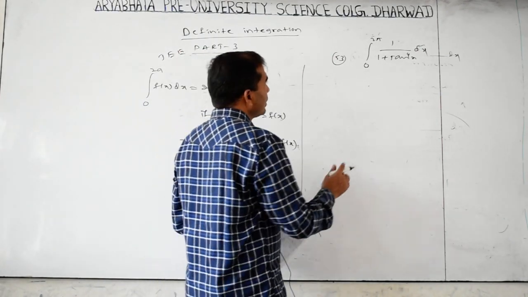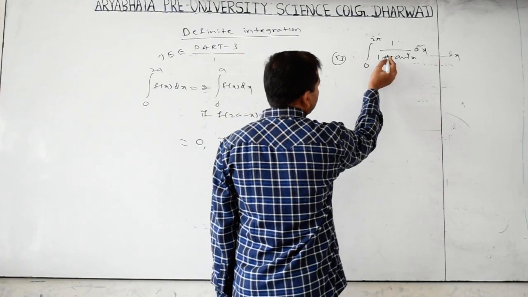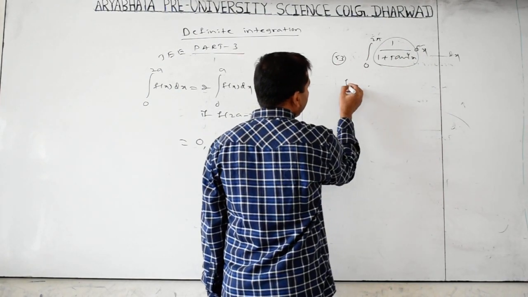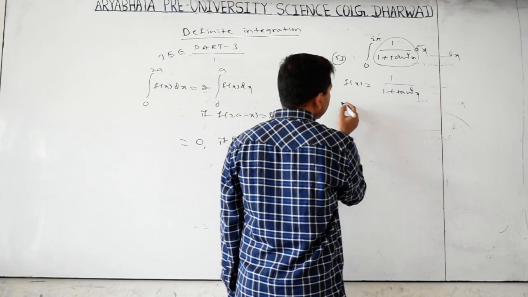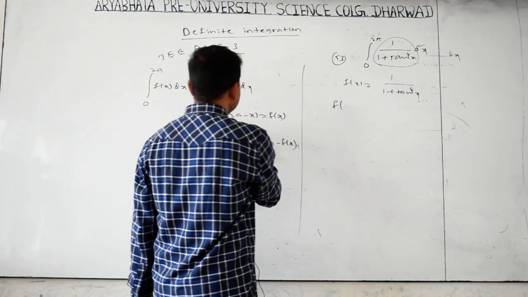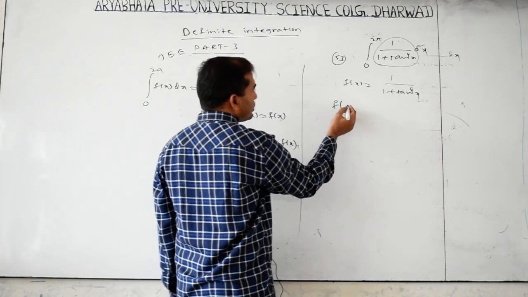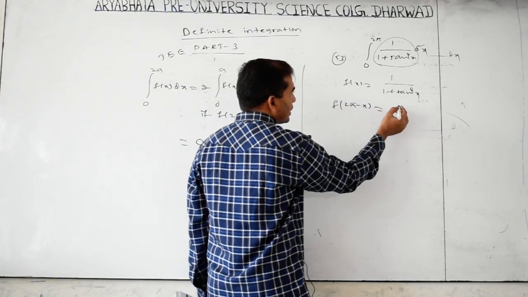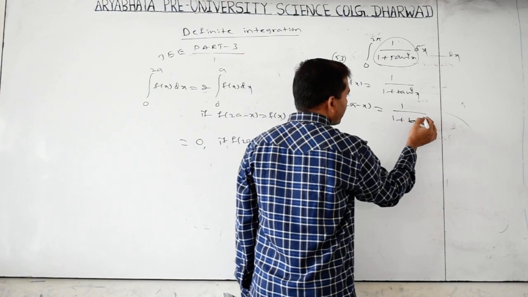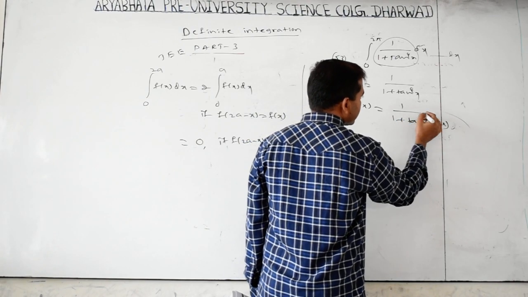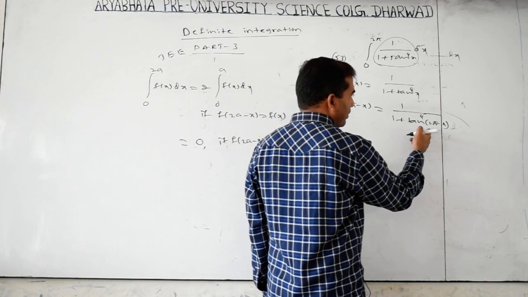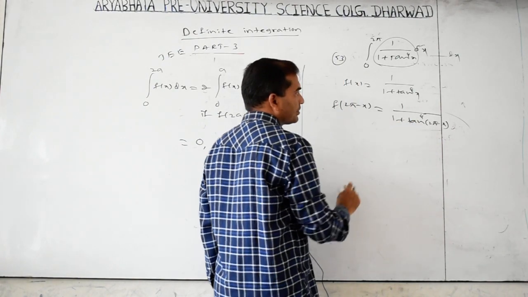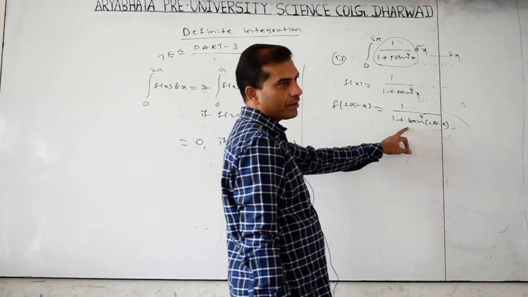Now here, from 0 to 2a, f of x is equal to 1 by 1 plus tan power 4 x. F of 2a minus x, that is 2 pi minus x, equals 1 by 1 plus tan power 4 of (2 pi minus x). Tan of 2 pi minus x is minus tan x, like 360 minus theta.